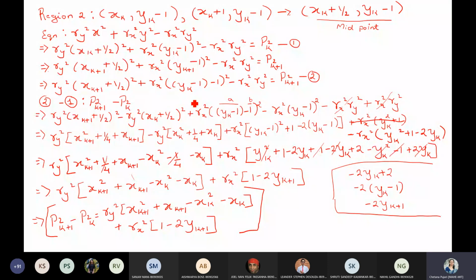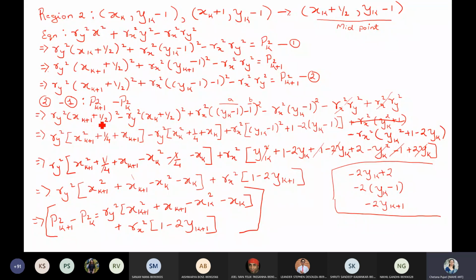You can represent this as a minus b, where a is equal to yk minus 1 and b is 1. Minus, consider your kth value, which is rx square into yk minus 1 whole square. Next is this constant, rx square ry square, and because we are doing subtraction, this is also minus, so minus minus will become plus. Rx square ry square. These two constants we can cancel because they are the same.